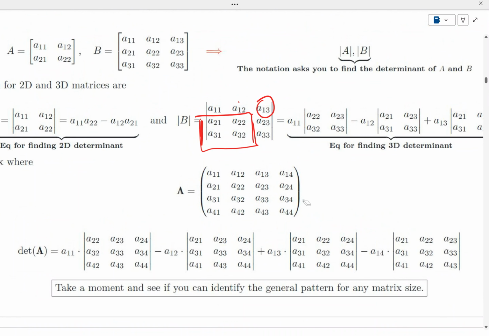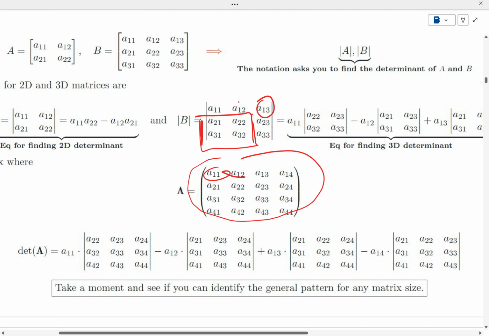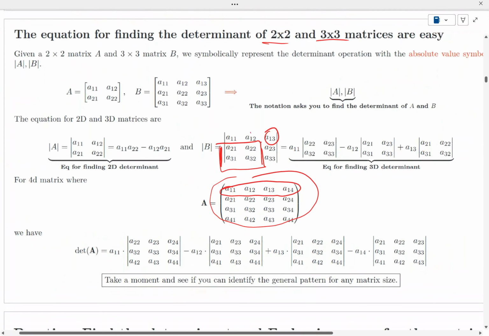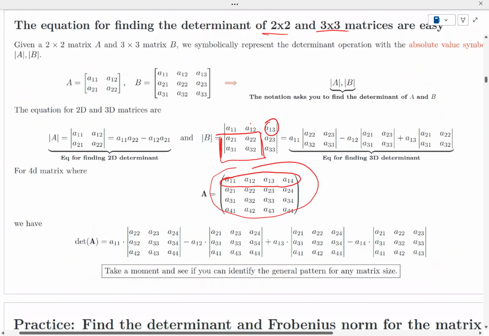The third one is this one, you cancel this one out, determinant. Take a second and see if you see the pattern. You essentially loop through every single one here, multiply by the determinant at the bottom. And that's how it works. So you can see that for 4 by 4, it can get quite involved.